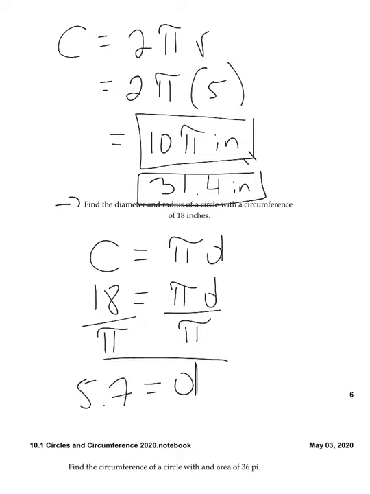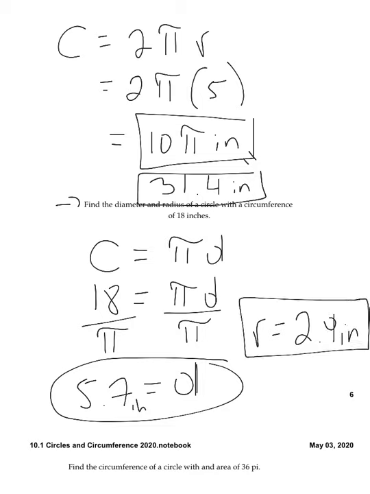So this is your diameter, 5 7/10 inches. So if diameter is 5.7, how do you get radius? Divide by 2. And the answer is 2.9 inches. So the final answer is 2 9/10 inches, and 5 7/10 inches is your diameter.